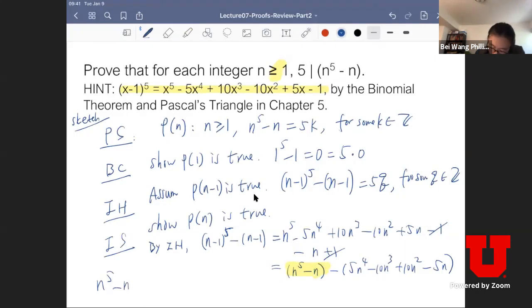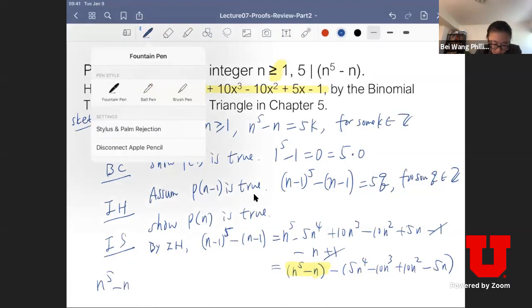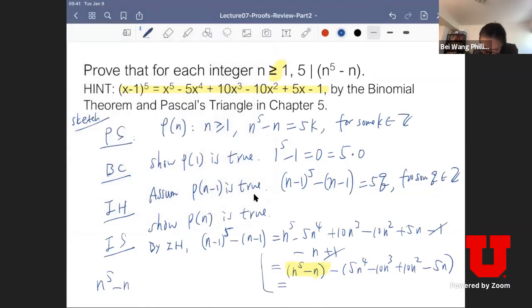Of course, by the induction hypothesis, this is equal to 5q. So after some rearrangement, I get n to the 5 minus n is equal to 5q plus this term, okay? And again, I'm going to do some factorization. I'm going to get n^5 minus n is equal to 5 times (q plus n^4 minus 2n^3 plus 2n^2 minus n).